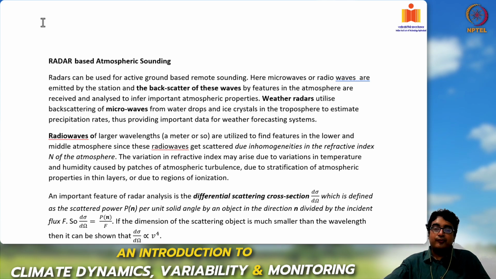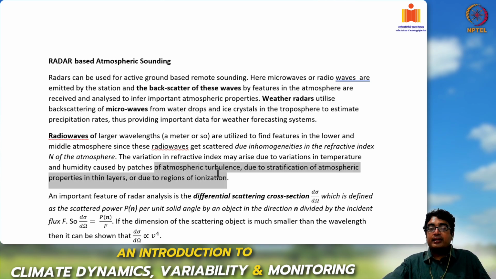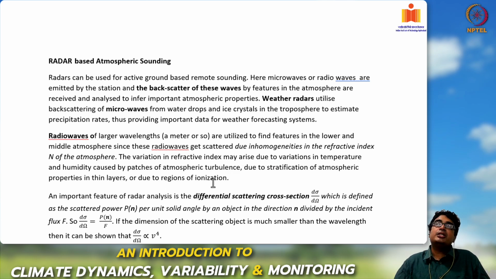The variation in refractive index may arise due to variation in temperature and humidity. Temperature and humidity variations cause density variations, and density variations cause refractive index variations, caused by patches of atmospheric turbulence, due to stratification of atmospheric properties in thin layers, or due to regions of ionization.